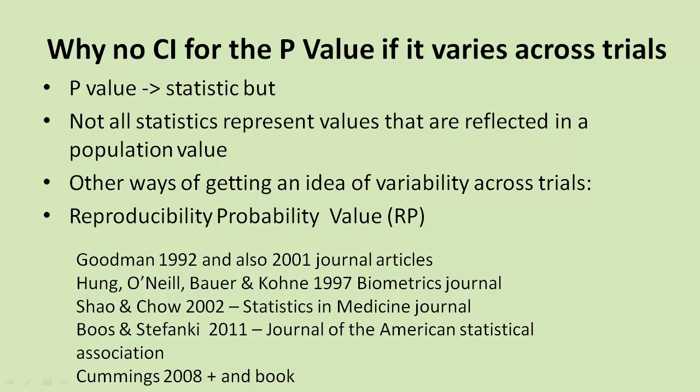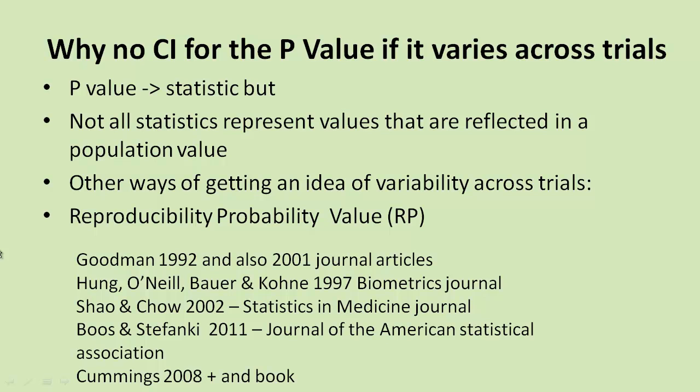Also, Shao and Chow in 2002 in the journal Statistics in Medicine specifically considered the situation of how likely it was for one to get a similar p-value in a subsequent trial.